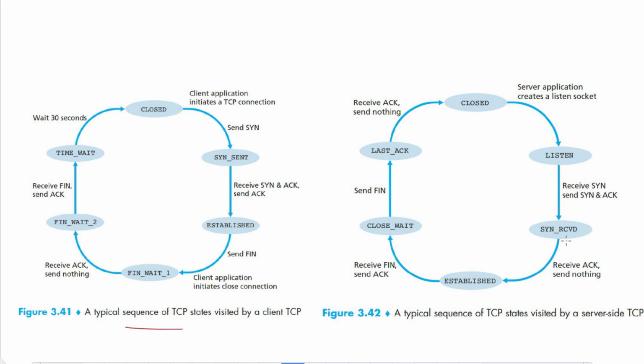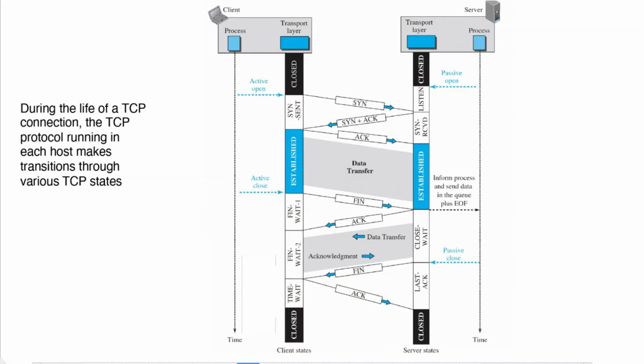Once it gets the first SYN, it goes to SYN received, and then it will send the SYN plus ACK. Once it sends the SYN plus ACK and receives the ACK also, it will go to the established state.